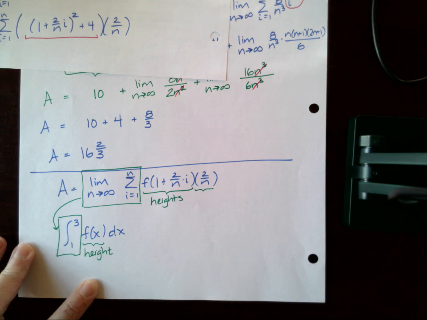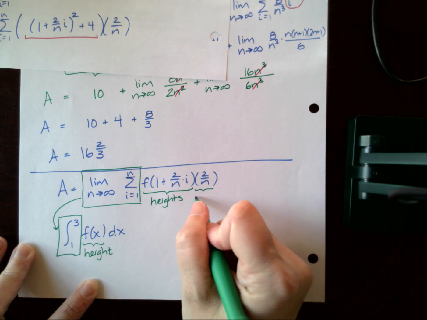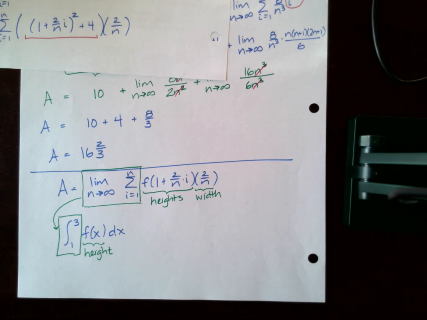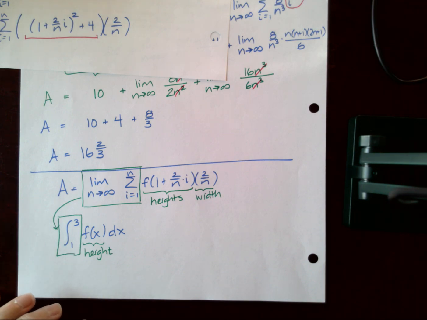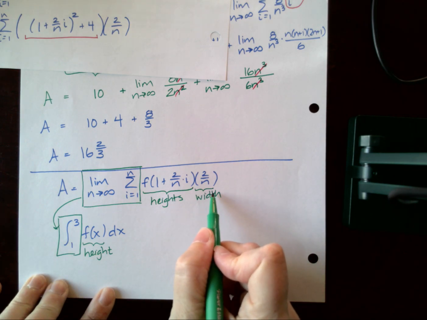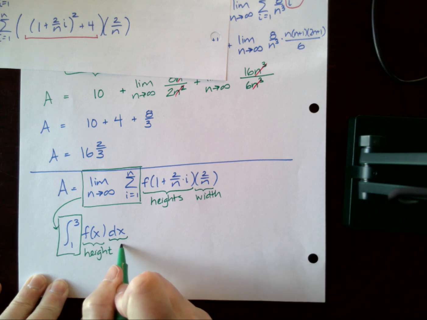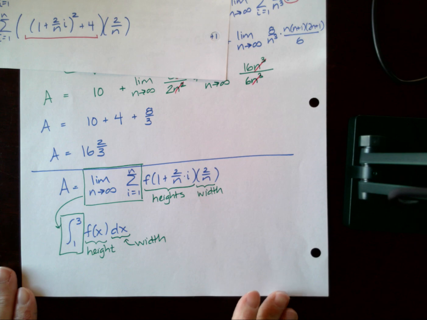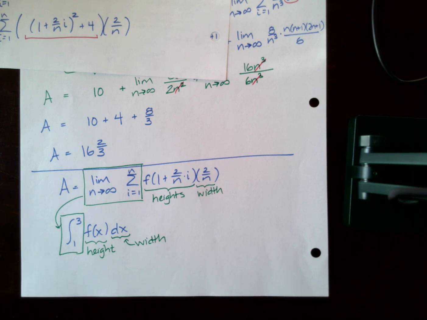This 2 over n hanging off the end of our statement, this went with width. And we wanted that to be really, really tiny. And it is. When n heads off to infinity, 2 over n heads towards 0. We get a very, very small width at any large n that we choose. So that width corresponds to this dx. Those dx's represent the width.